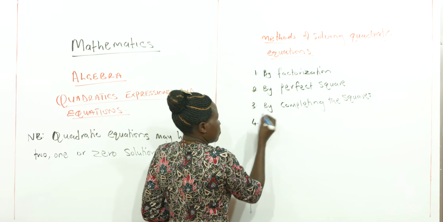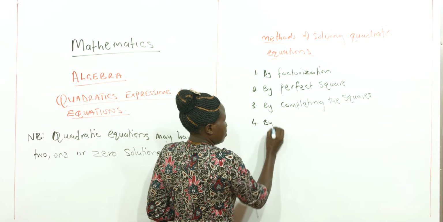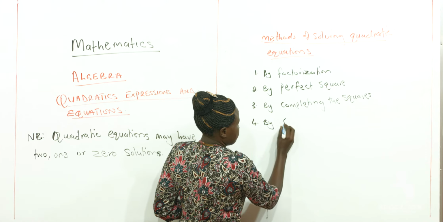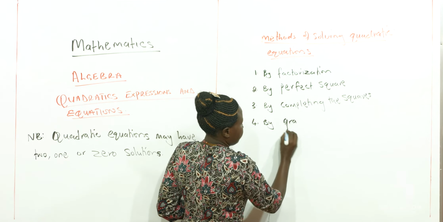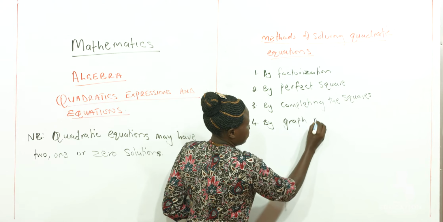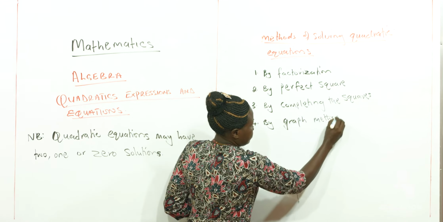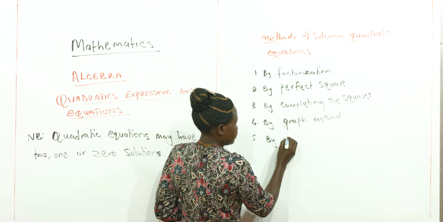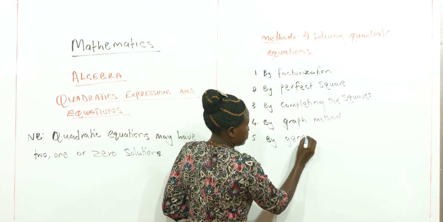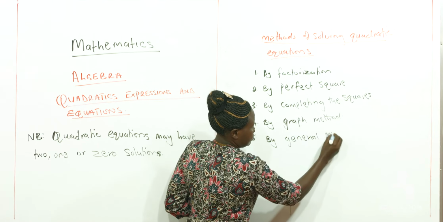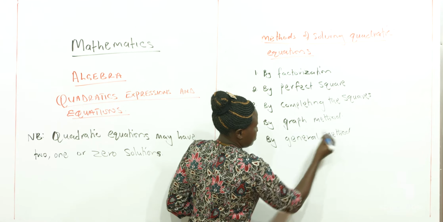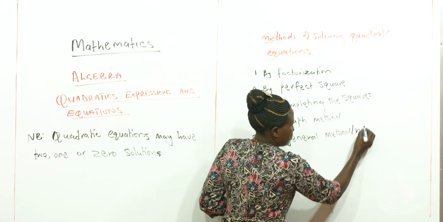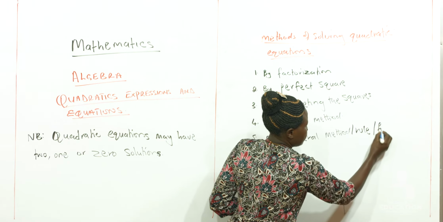Four, by the graph method. And then five, what we call the general method. Sometimes we say general rule, or we say general formula.